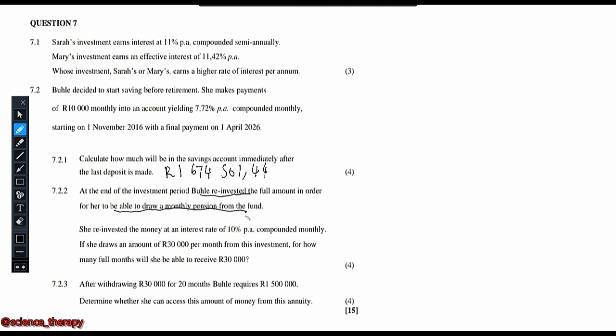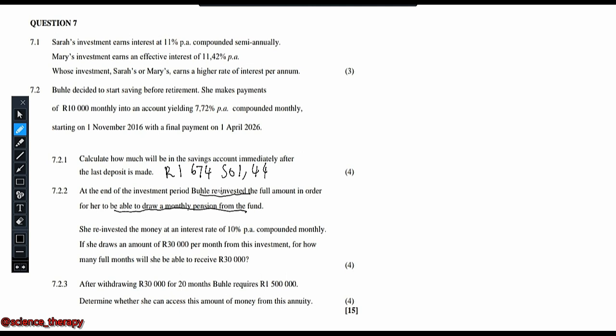1,674,501.44. But what you need to understand right now is that this is now a present value situation because she now has the money on her hands, or still on the investment platform, but now she's willing to draw from the pension fund, right? So if now there is a decrease in the annuity, that's present value.